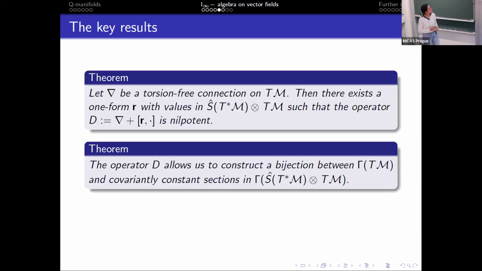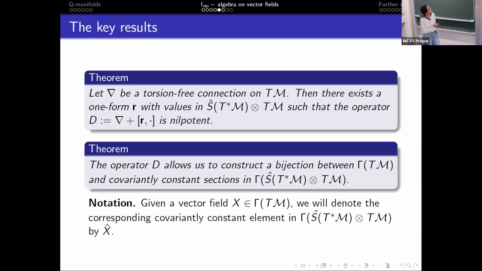As I mentioned before, I will obtain this Fedosov connection D. And thanks to this connection, I will have a correspondence between the space of vector fields and covariantly constant sections in this bundle. So now this is my notation. I will take a vector field X on M, and I will denote by X hat its corresponding section in the bundle.